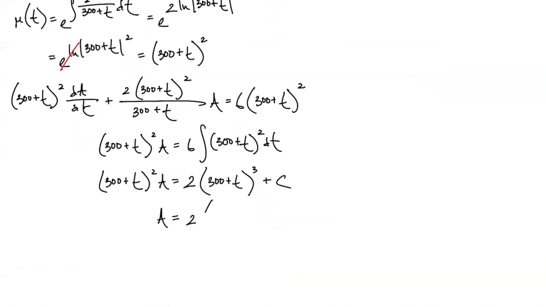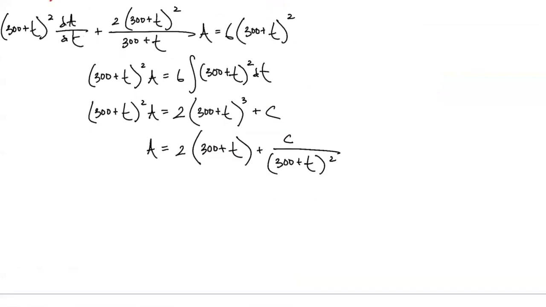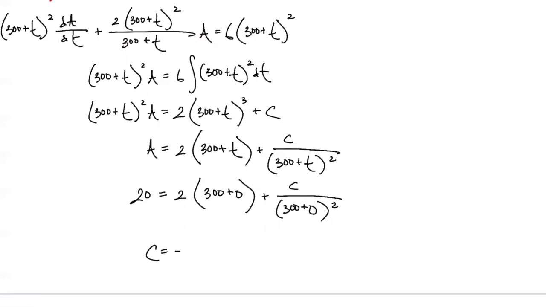I'm going to get 2 times (300 plus t) plus C over (300 plus t) squared. Now I'm going to plug in 20, and plug in 0. And when all is said and done, you should get a massive number for C.